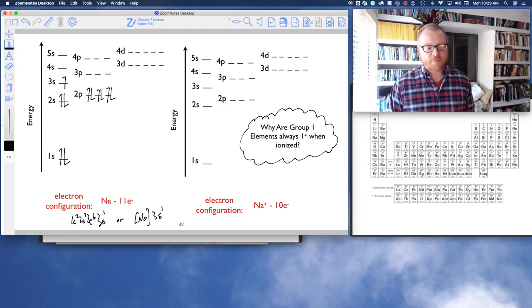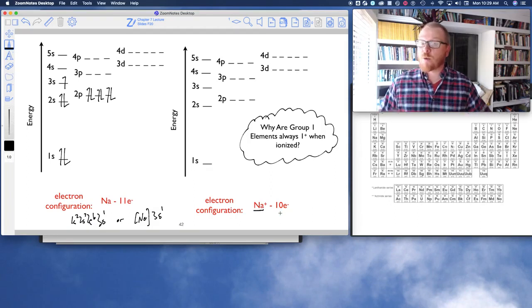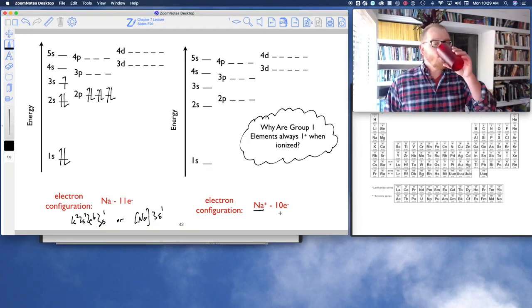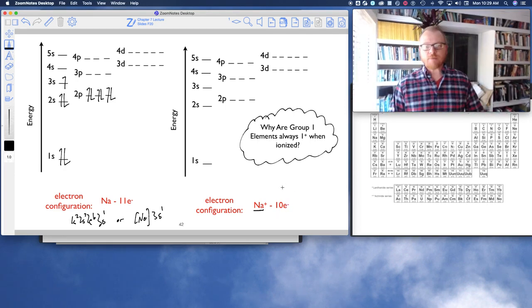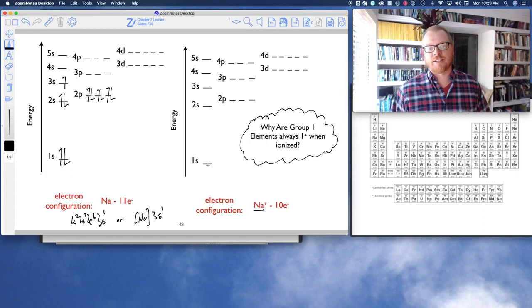So we know sodium solid is 11 electrons. But sodium plus has to have 10 electrons, right? When we make a cation out of it, we remove one single electron. So let's populate 10 electrons on this thing. It's going to go 1s2, 2s2, 2p6.